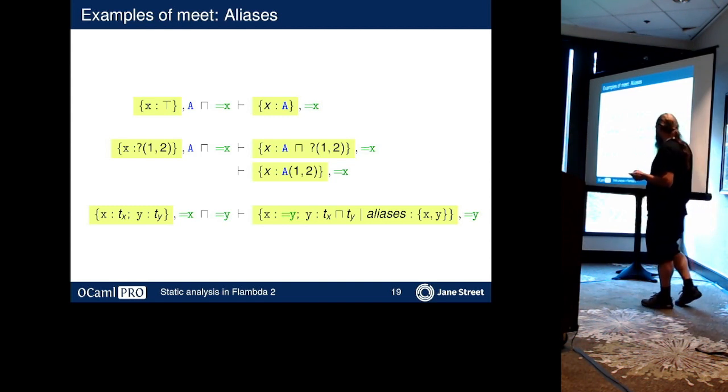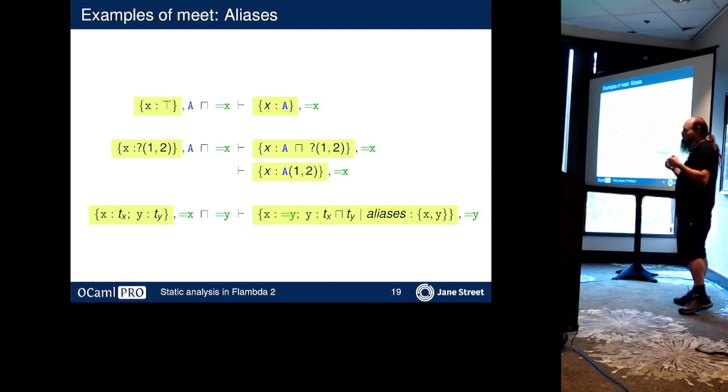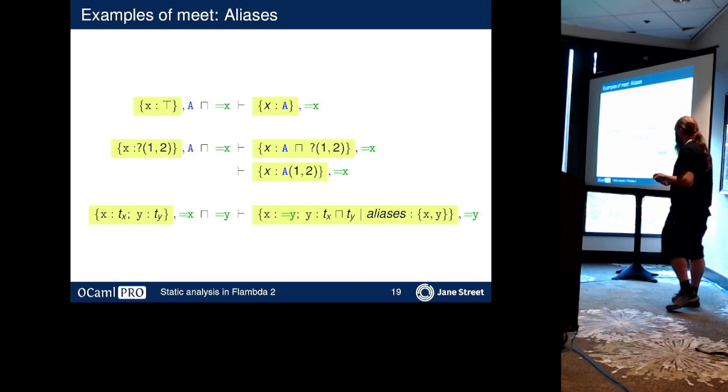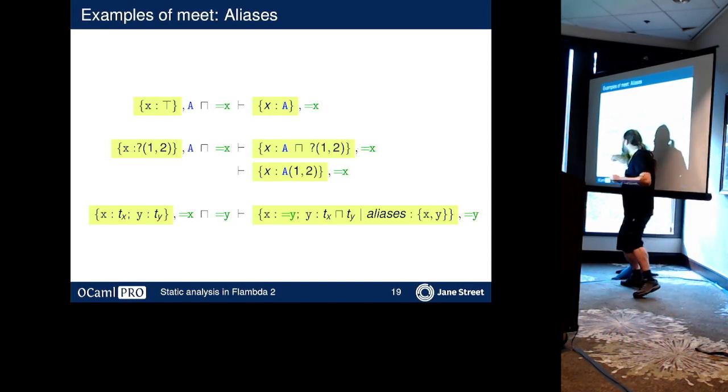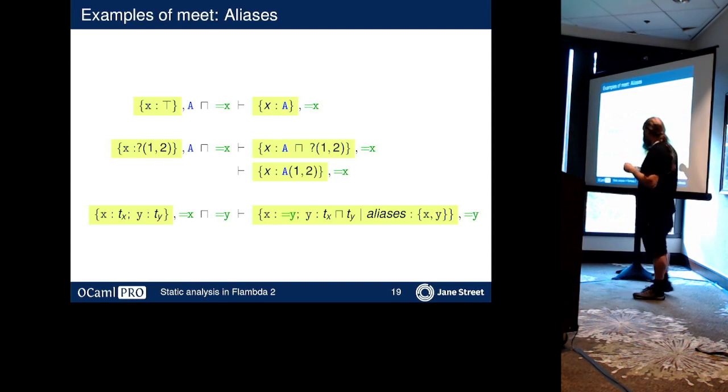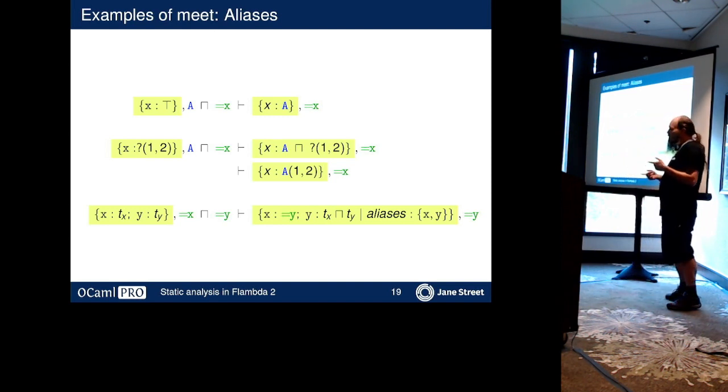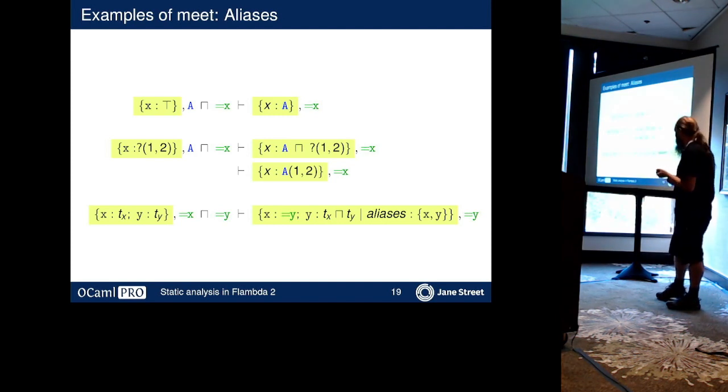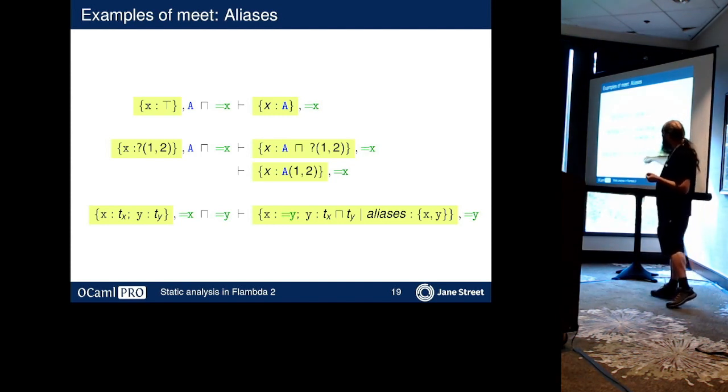And that one demonstrates when you have something a bit more complex, you meet aliases between them, then you have to propagate that a bit further in the alias domain. Here you have two representations of the type. You meet the aliases, then you have to fetch in the environment the actual concrete representation of those types, and say that you create a new meet between them, and you should choose one variable to be the canonical one.